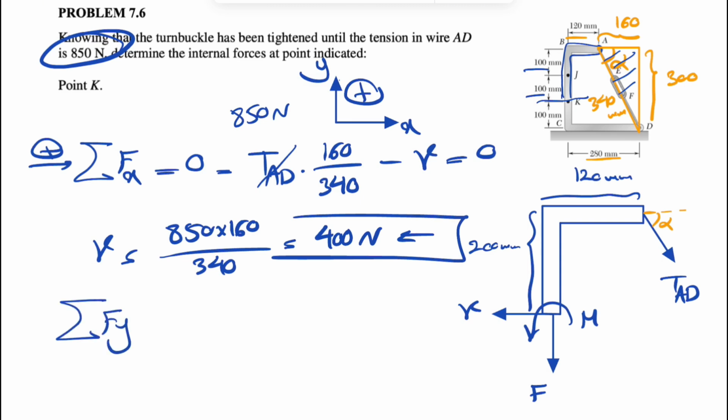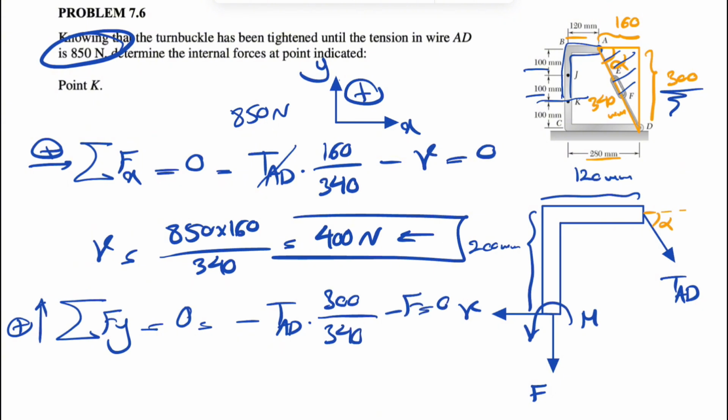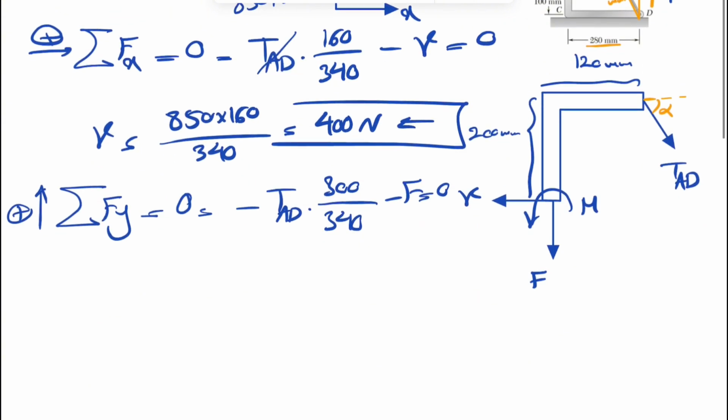Now we have our second equation, sum of all forces in y is equal to 0. And this time we're going to have minus TAD, since it's downward, sine of alpha, which will be the opposite, 300, divided by the hypotenuse, 340, minus F is equal to 0. And we can see that we're going to get a negative sign for F, which shows our assumption was not correct.